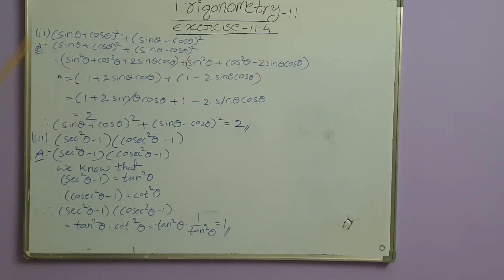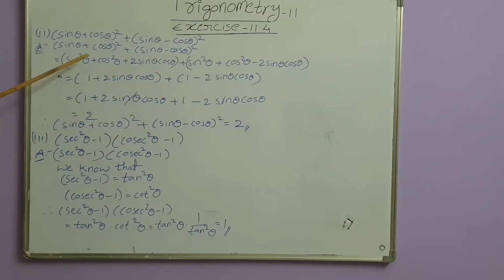Here a is sin theta, b is cos theta. So sin square theta plus cos square theta plus 2 sin theta cos theta, plus sin square theta plus cos square theta minus 2 sin theta cos theta.